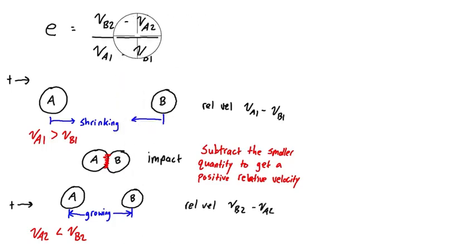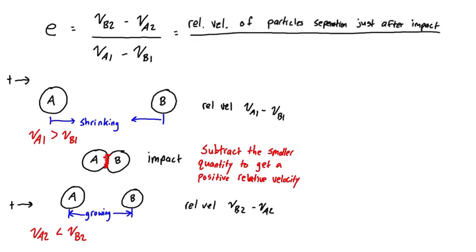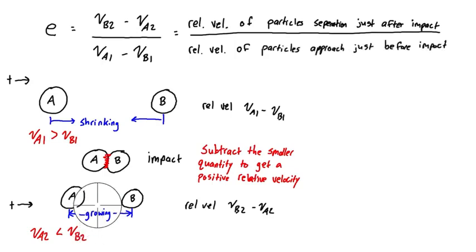And that's exactly what you're seeing up here, VB2 minus VA2 and VA1 minus VB1. So that's just the relative velocity of the particles' separation just after impact over the relative velocity of the particles' approach just before impact.